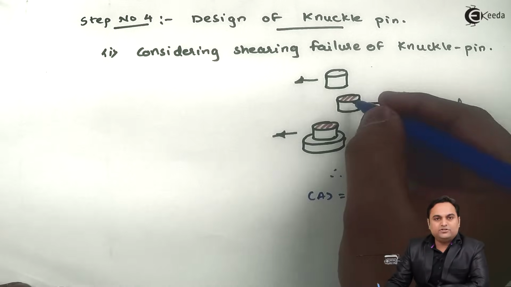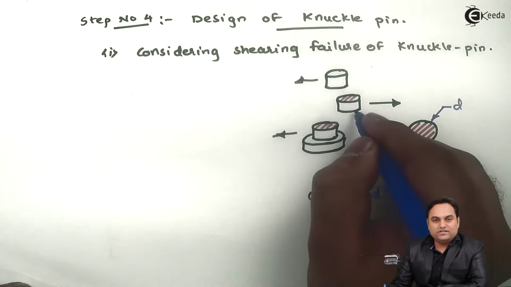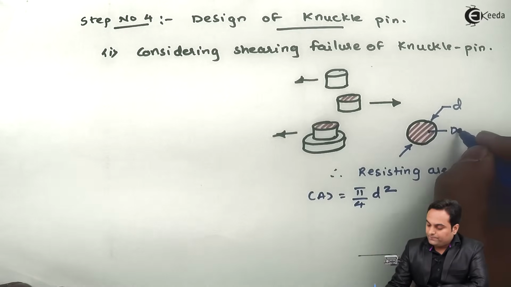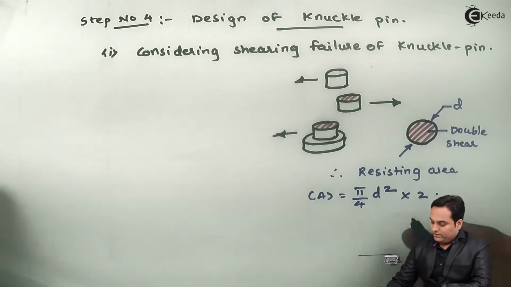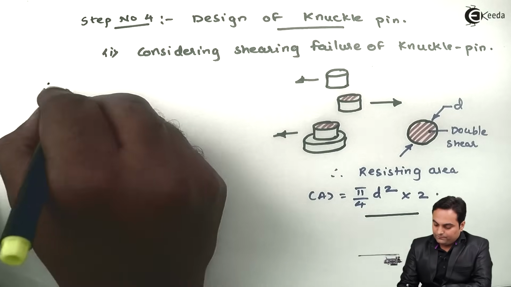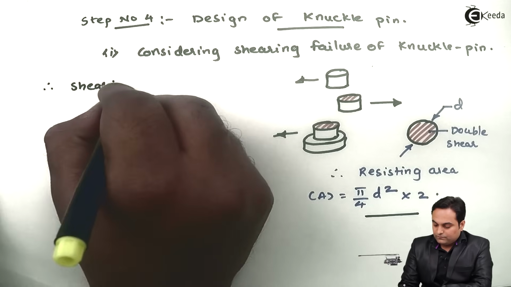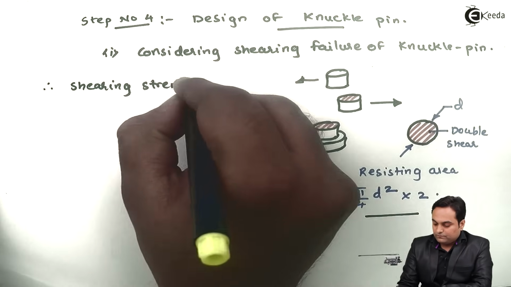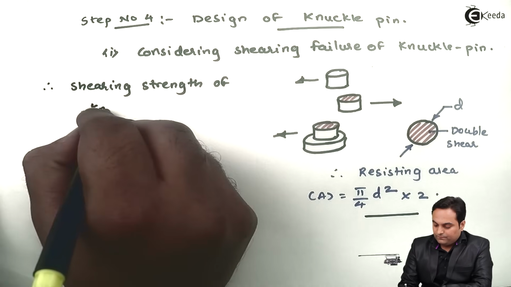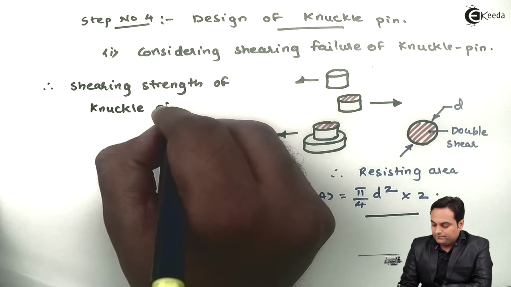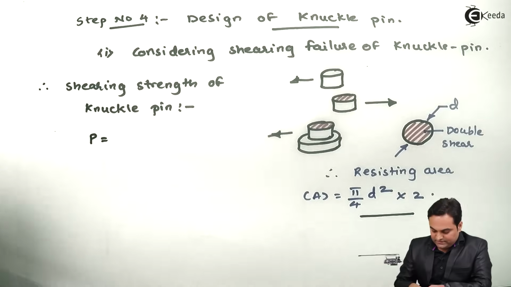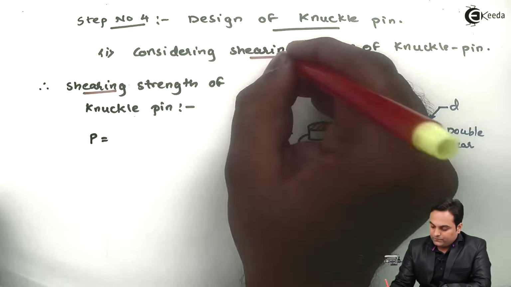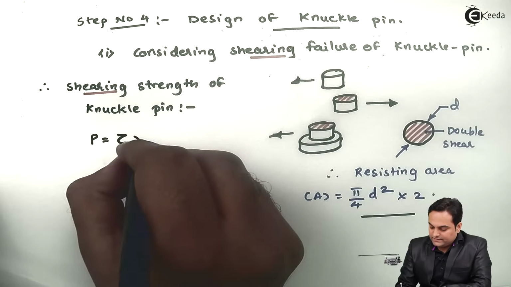Since we have one shearing area here and one at the bottom, this is a case of double shear. So here I have to multiply it by 2, and finally I can say that the shearing strength of knuckle pin will be equal to load P is equal to stress, since we are considering shearing, so we have shear stress into area.